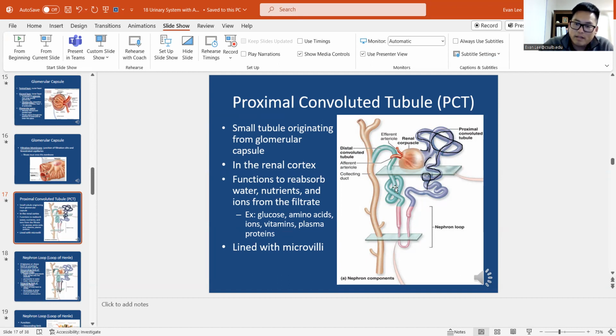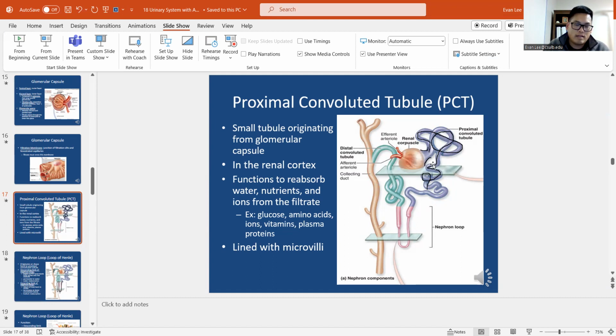Most of that you're going to recollect at the proximal convoluted tubule. I believe it's about 70-ish% that you're going to recollect right at this next step. Once it comes out, you want to recollect all that stuff that you want to keep. It's not going to be everything. You don't reabsorb all of the urea or all of the water if unnecessary, but most of it is going to be recollected here.